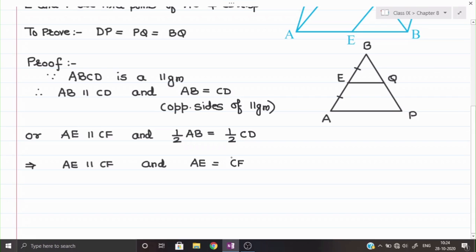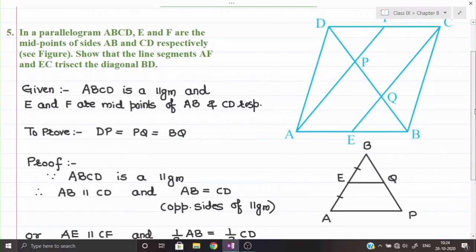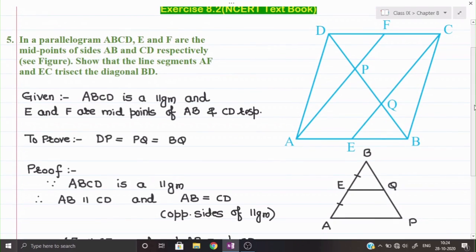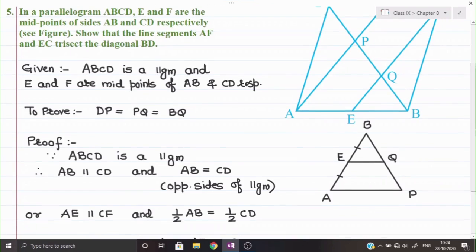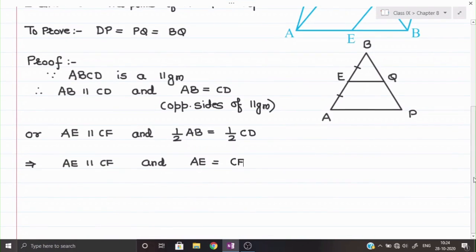And now you observe in quadrilateral AECF, look at the quadrilateral AECF, we got one pair of opposite sides, that is AE and CF, that are parallel as well as equal. And we know that if in a quadrilateral one pair of opposite sides is parallel and equal, then it will be a parallelogram.